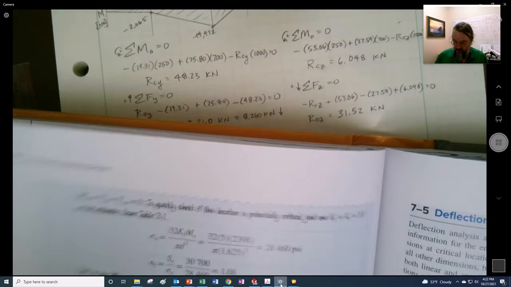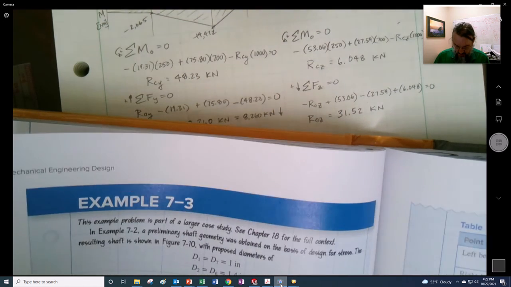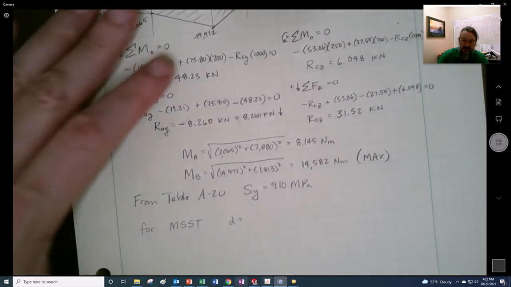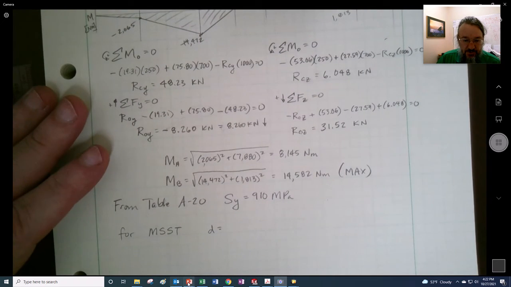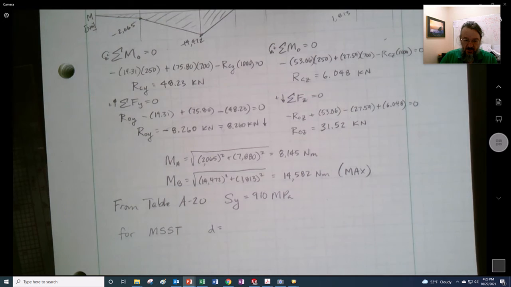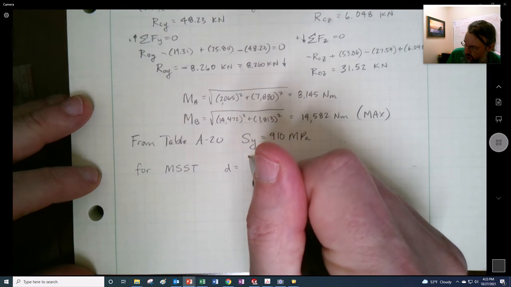They go through a whole process of designing this shaft in one example, but I guess it's not in there. So we're just going to write down this equation and use it. We could have found it ourselves without too much difficulty. Let's just believe that's true.